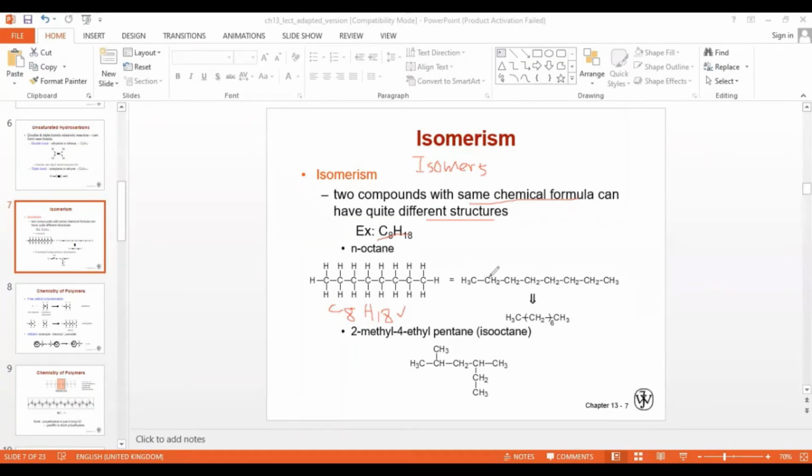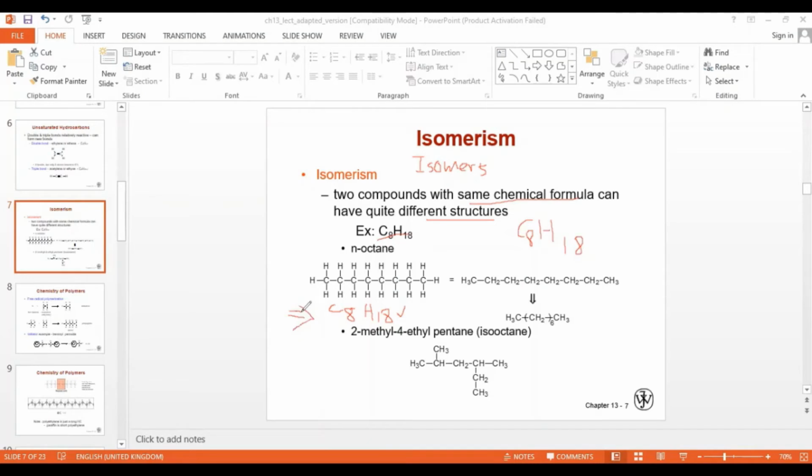Here you see 1, 2, 3, 4, 5, 6, 7, 8 carbons, so I can write C8. Hydrogen is 3 plus 2, 5, plus 2, 7, plus 2, 9, plus 2, 11, plus 2, 13, plus 2, 15, and plus 3, 18. So this can also be written as C8H18.